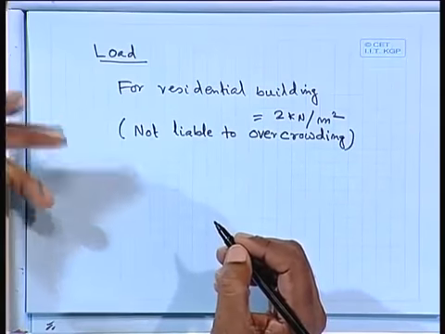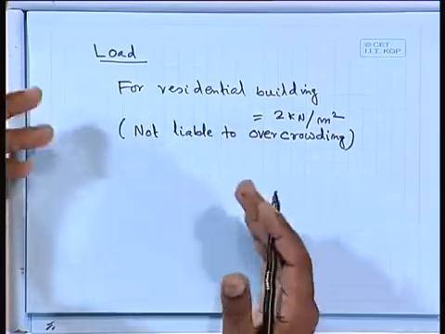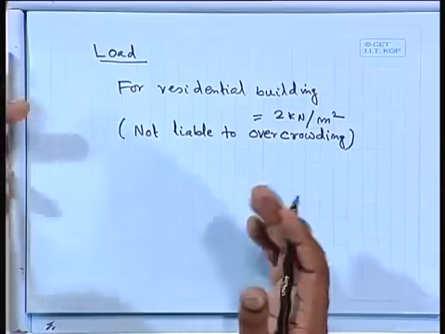But for public buildings, the balcony and the staircase are very frequently regular features that will be overcrowded.